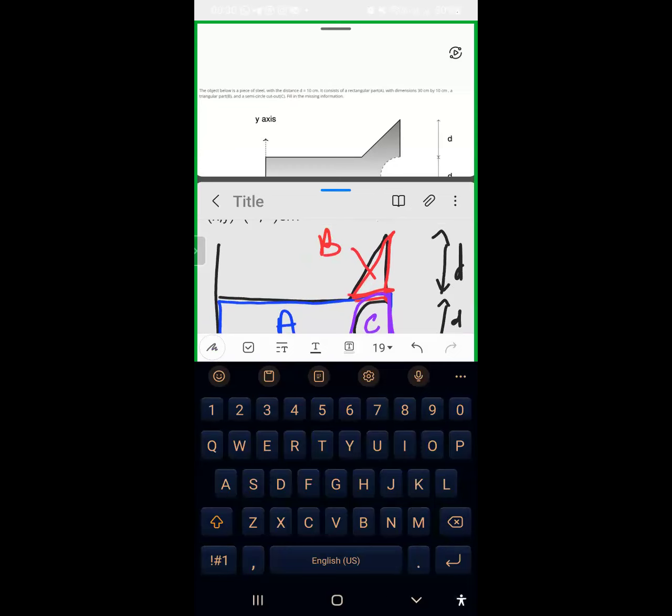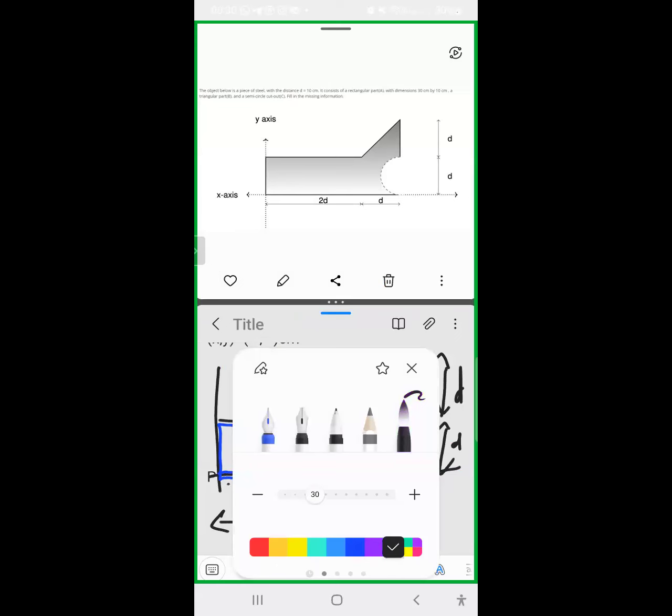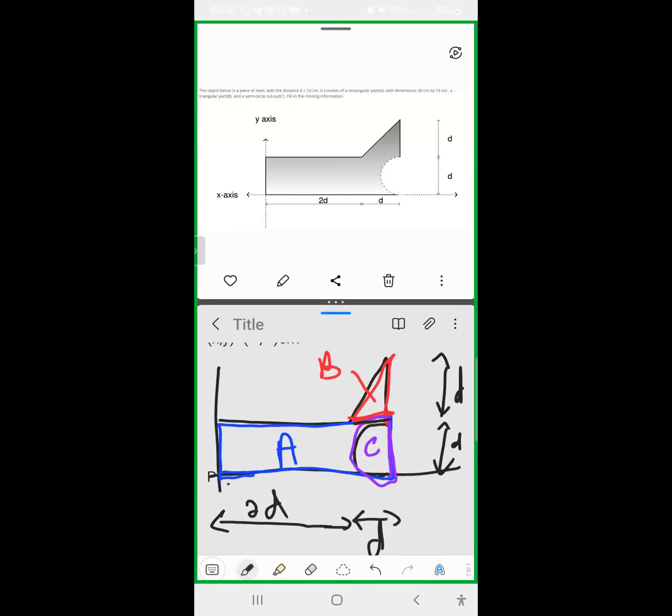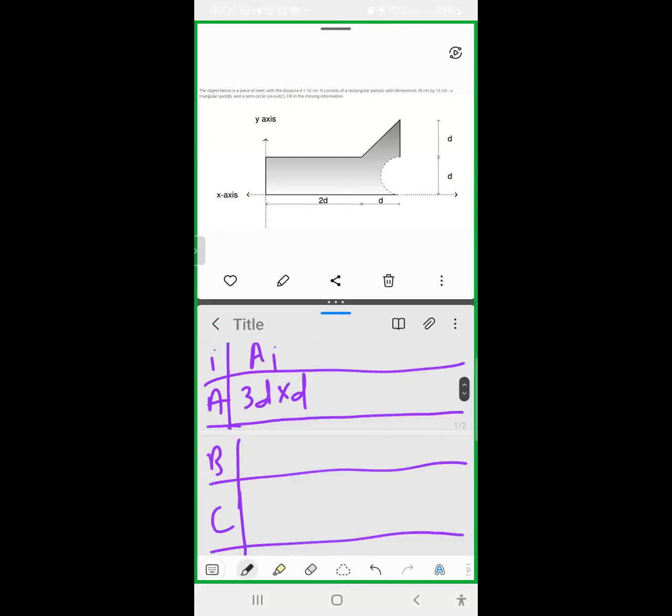The base of this right angle triangle is only D units, and its height is also D units. Therefore, the area for the right angle triangle will be half D squared.